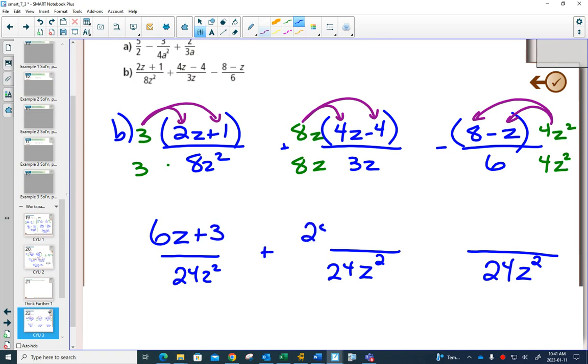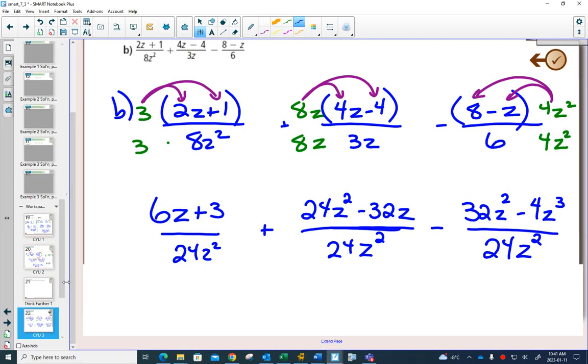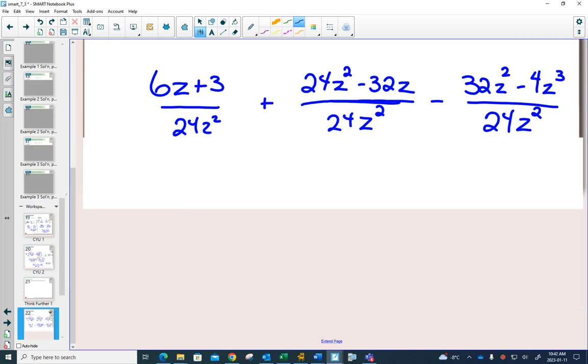Second one will be 24z squared minus 32z, minus, and the last one will have 32z squared minus 4z cubed. Our final answer, we have a common denominator. Now we can just add and subtract as needed. So our common denominator will be 24z squared.